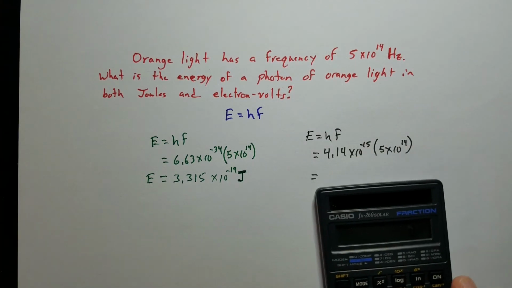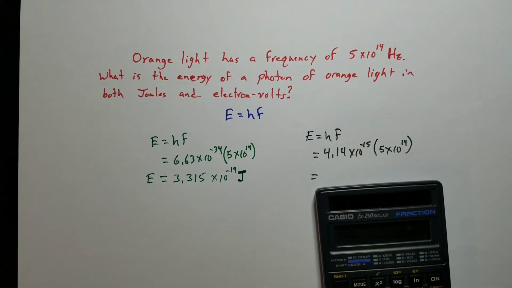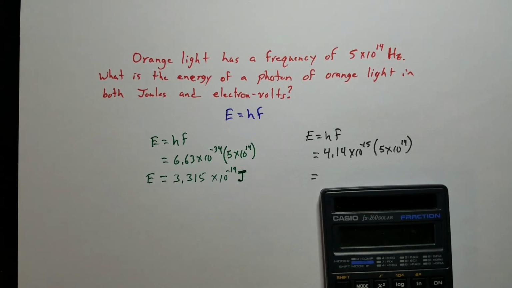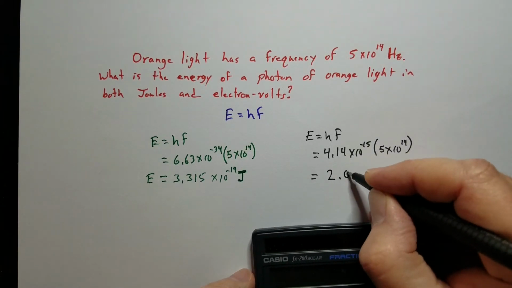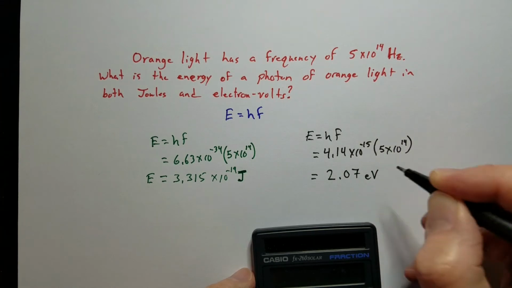So again, if we calculate that, 4.14 times 10 to the negative 15 times 5 times 10 to the 14th, we get something on the order of 2.07 electron volts.